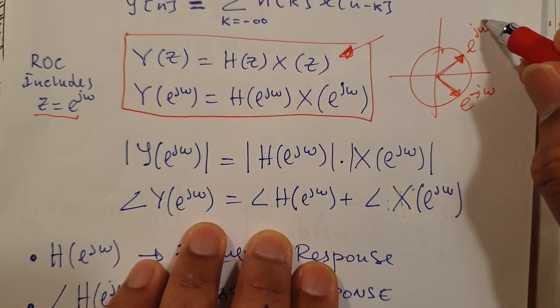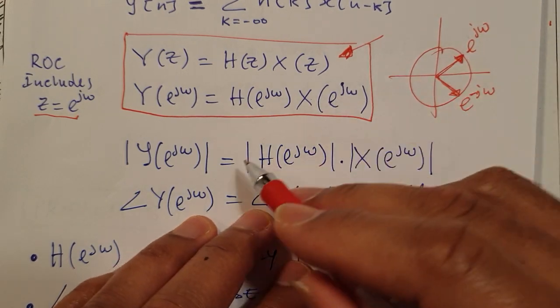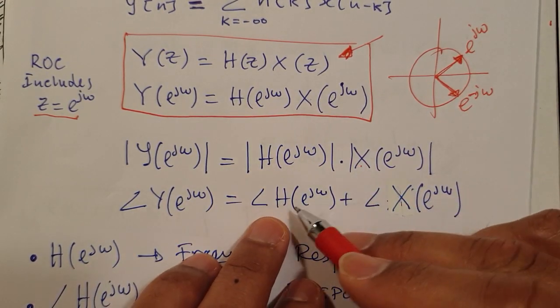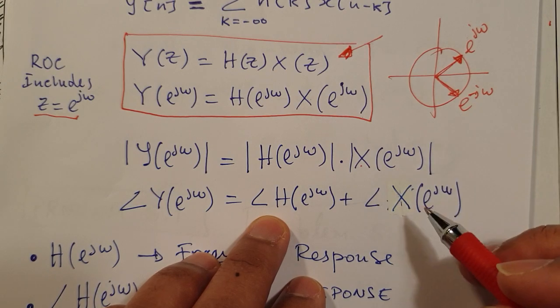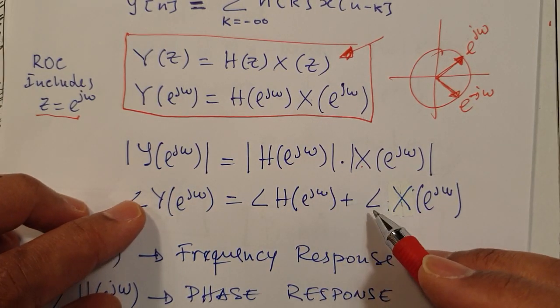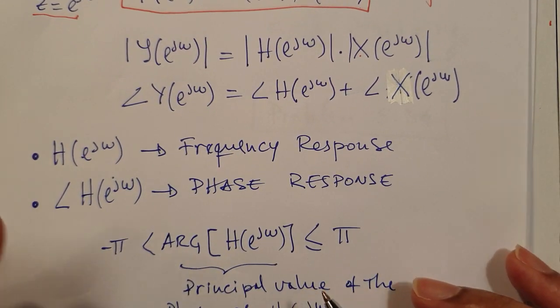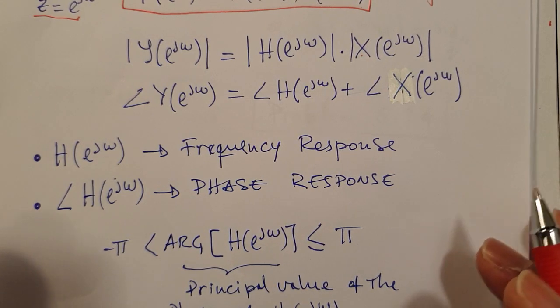And we know that this goes in complex exponentials. When we multiply, the magnitudes multiply and the angles add. Okay, so this is important to notice. And so there's a lot of other things that we have to do with.